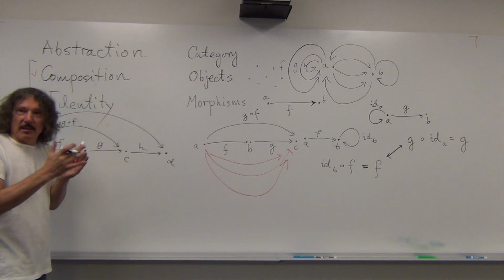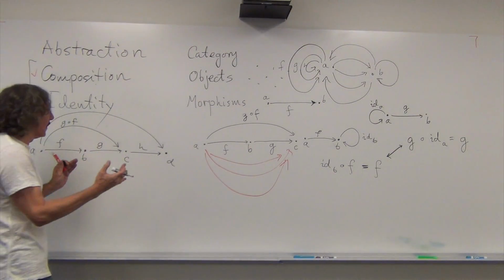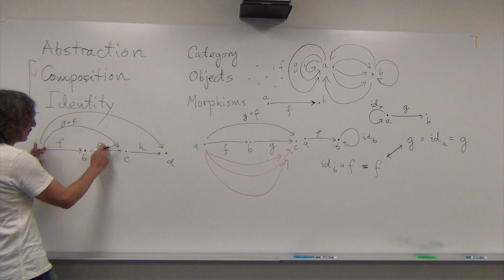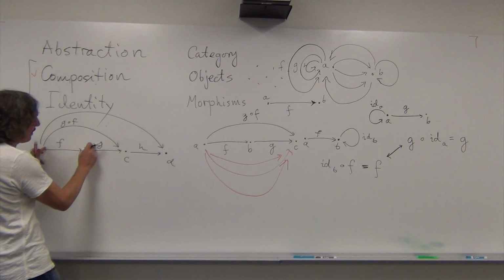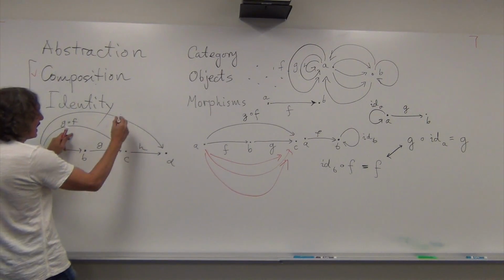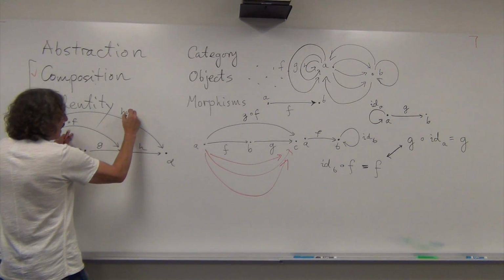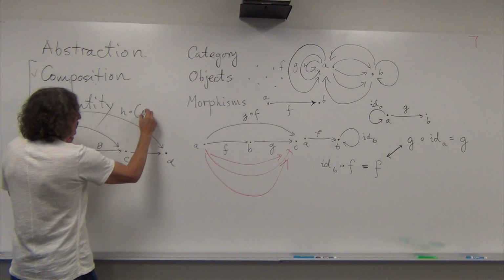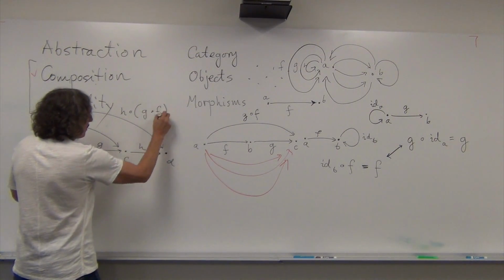Three arrows can be composed in two different ways. In this one composition, I compose F with G first, G after F, and then I compose this with H. So I have H after G after F.